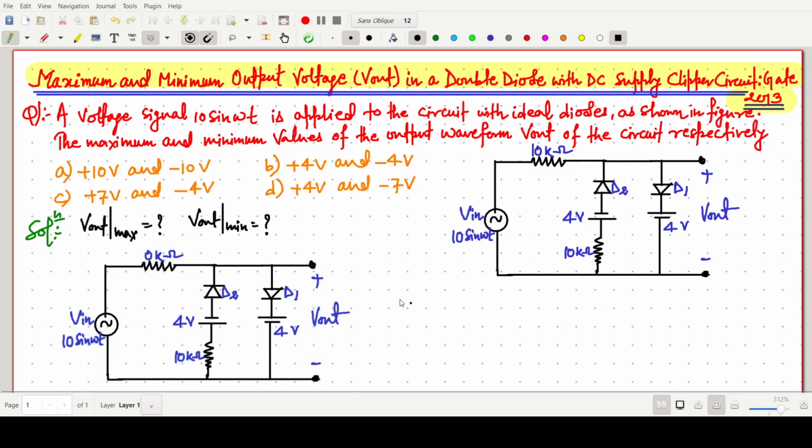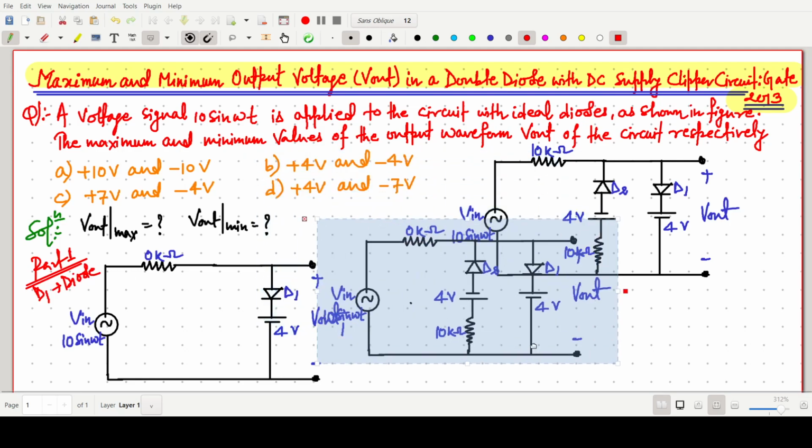Now in one situation, if we remove this diode, this becomes a single diode problem with V output 1, and we are saying this is our part 1, when we are choosing only diode D1.